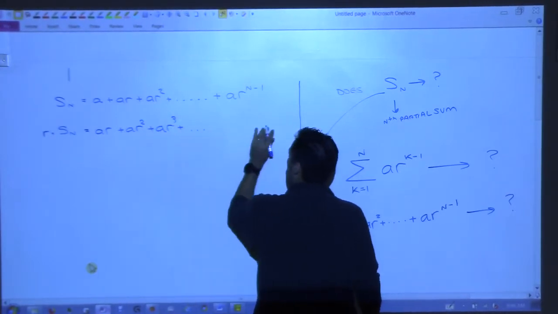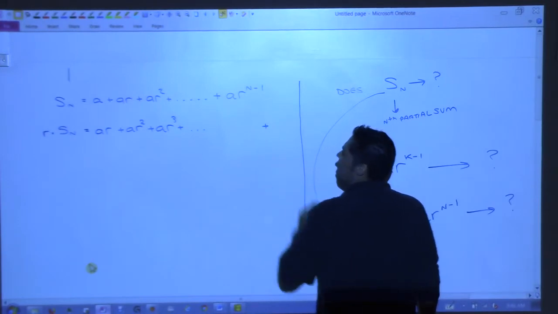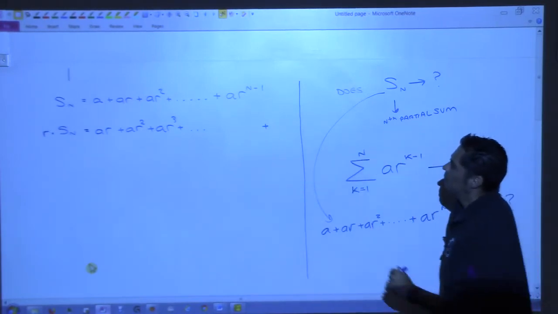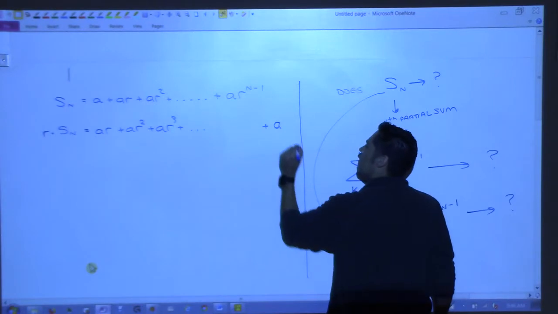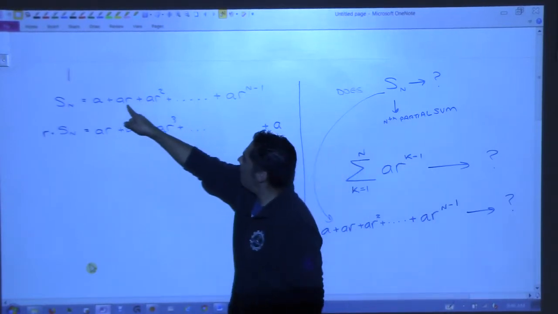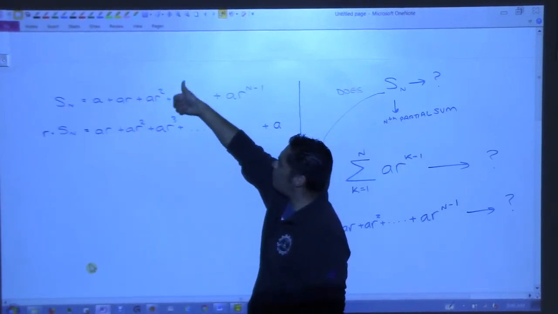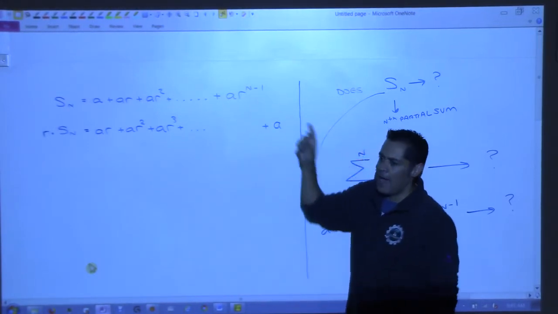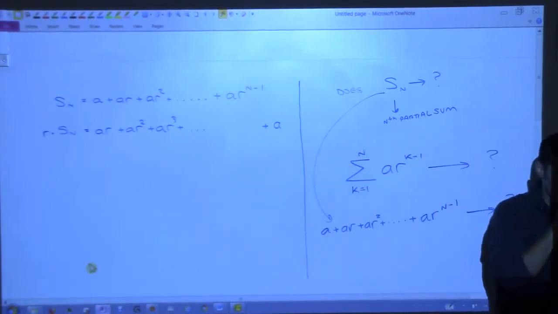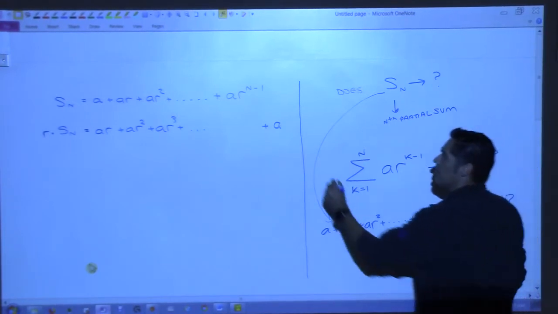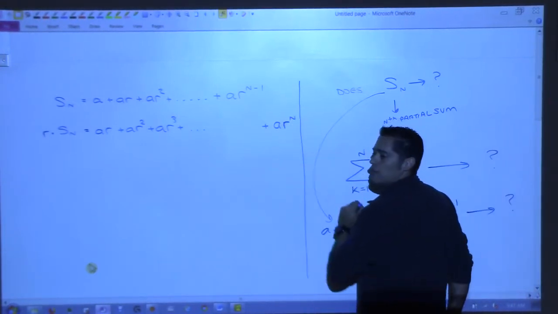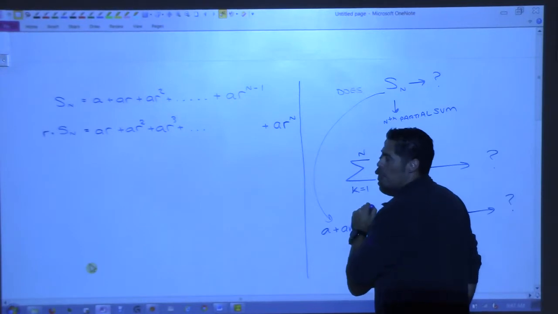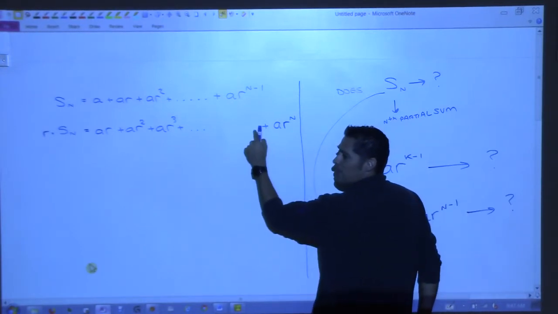Now down here, leave some room. What would the last one be? I multiplied that by r, that by r, that by r, so the exponent just kept going up by 1. So what's it going to be? A r to the n. Agreed? Now, what's the one that would be right in front of this one?